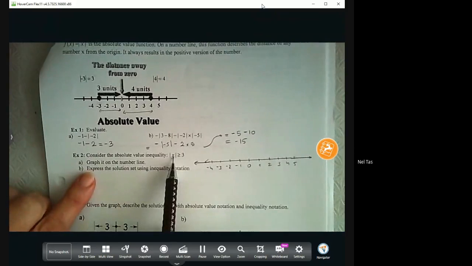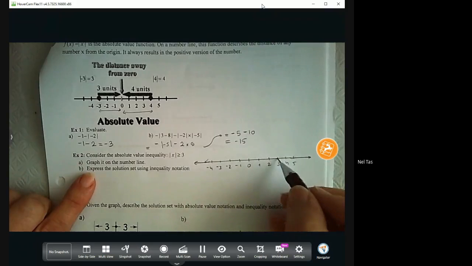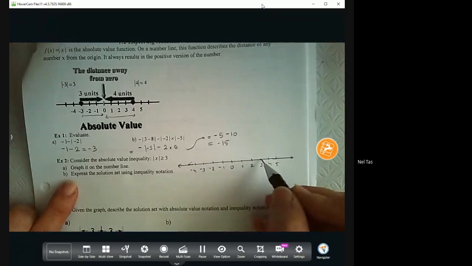So we want the absolute value of x greater than 3. So yes, you should take all the numbers that are greater than +3. That is one part of it.